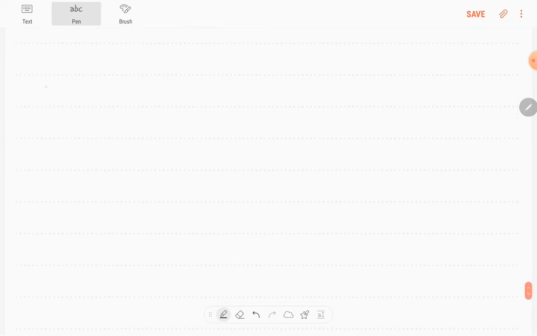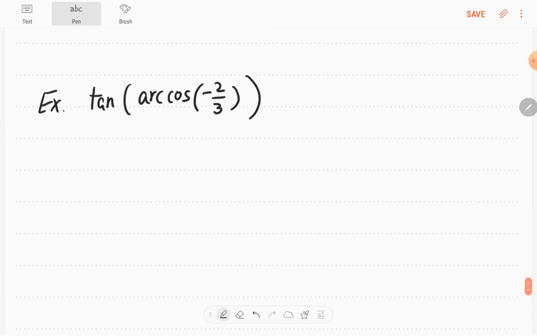We have another example: the tangent of arc cosine of negative 2 over 3. What's that? Let u be arc cosine of negative 2 over 3.